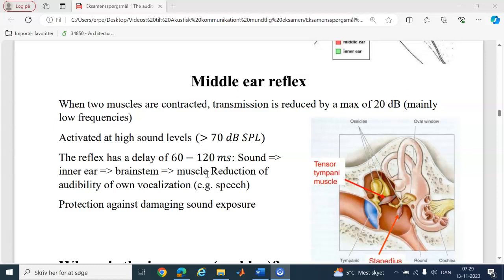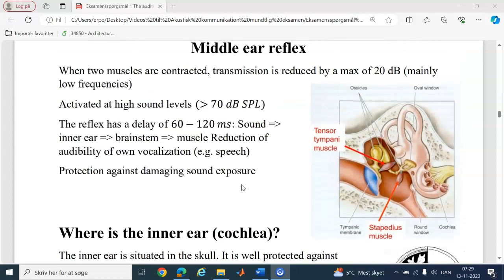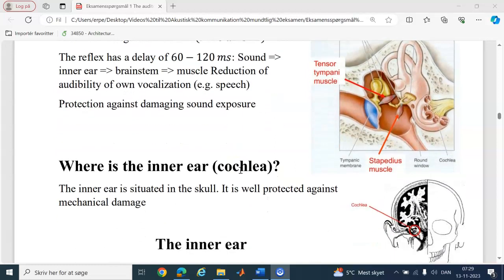There's some delay, because the sound goes to the inner ear, to the brainstem, and then the muscle reduces transmission. This reduces the audibility of your own vocalization, or protects the ear. But the muscles only work above about 70 dB SPL. With a sudden explosion or sudden exposure to sound, it cannot prevent damage.